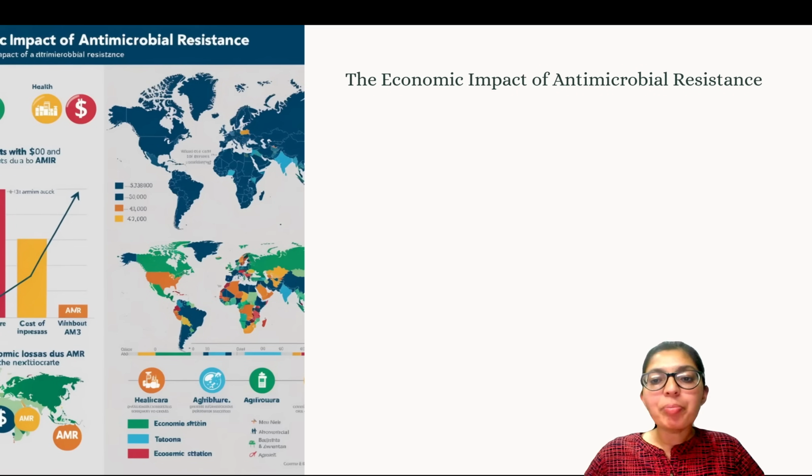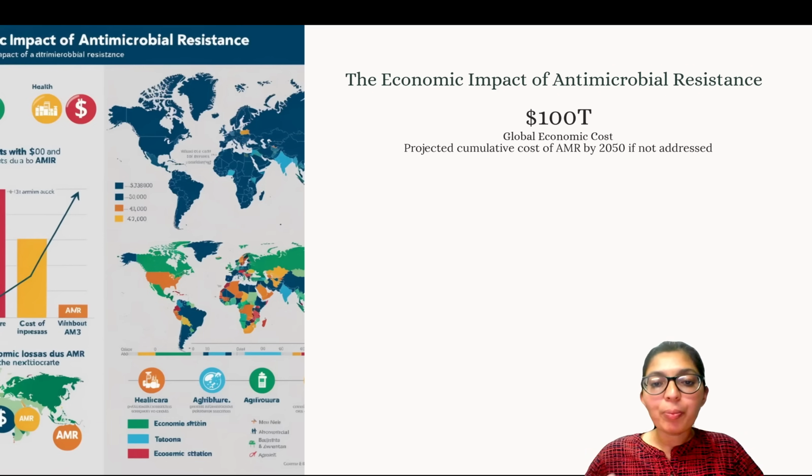The economic impact of antimicrobial resistance. How the economy was affected. $100 trillion global economic cost: projected cumulative cost of antimicrobial resistance by 2050 if it is not addressed.